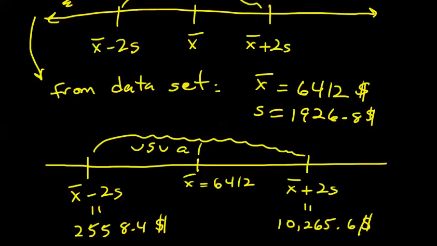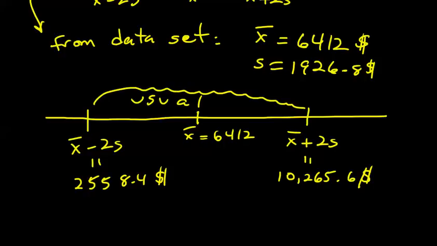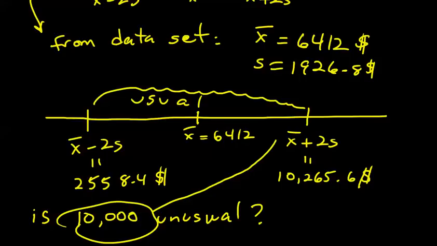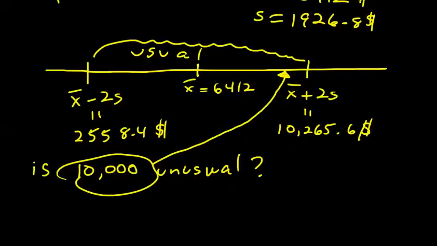So if we are asked, is $10,000 unusual? Well, $10,000 lands us in the diagram somewhere not quite up to the upper limit of $10,265, which we have assigned.